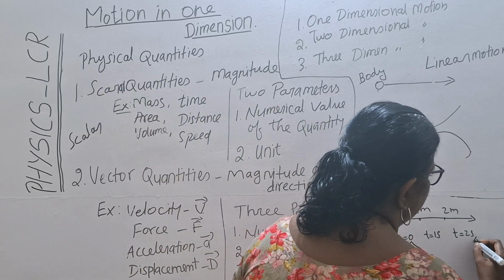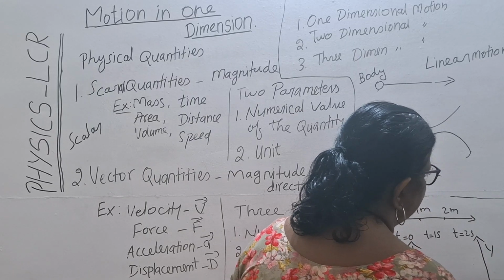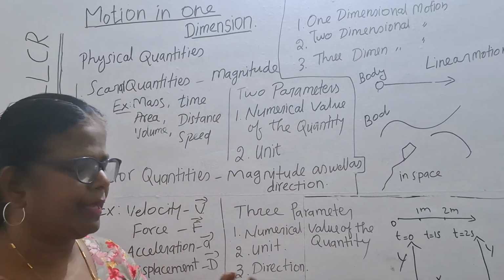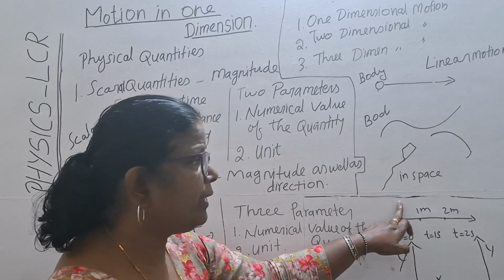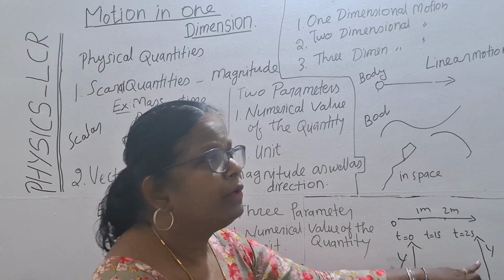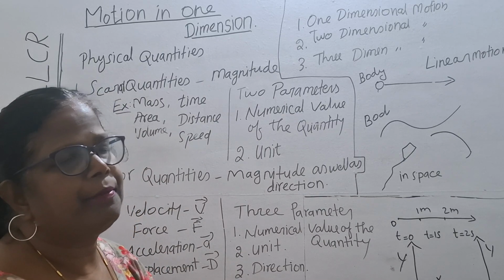This is y-axis, this is x-axis, this is z-axis, space. 3-dimension we can plot in a graph paper. 1-dimension graph, 2-dimension graph, 3-dimension graph.